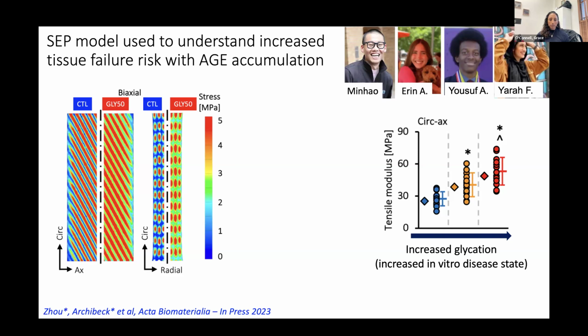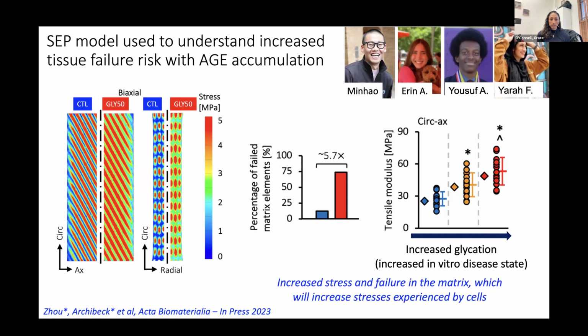And that's a bit more problematic because one, that's where the cells are embedded. And so they respond to high stress. And we also saw that when we included failure thresholds, a good portion, over 75% of the matrix would experience damage or microfracture, which can accumulate over time.